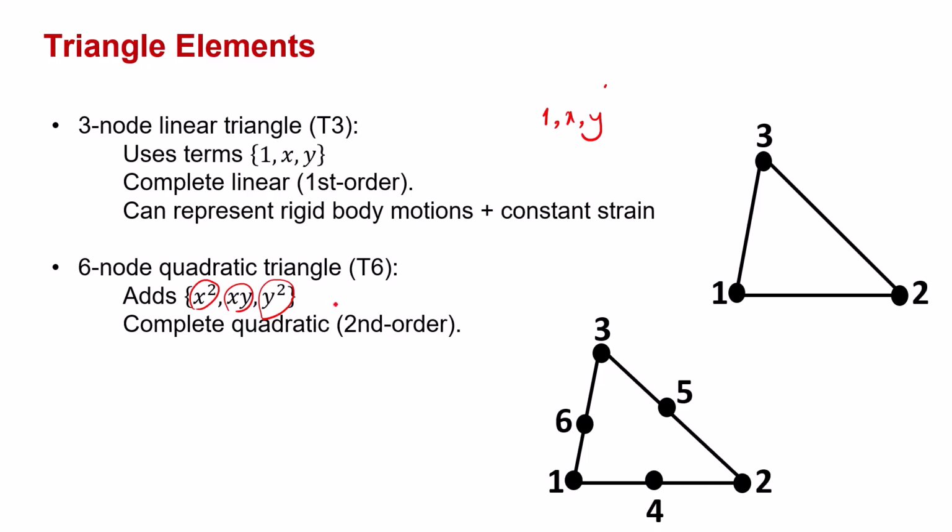So as we move from T3 to T6, we increase the order of completeness, which improves accuracy for more complex deformation patterns. This illustrates a key idea. The order of the shape functions directly determines what displacement fields an element can reproduce exactly.